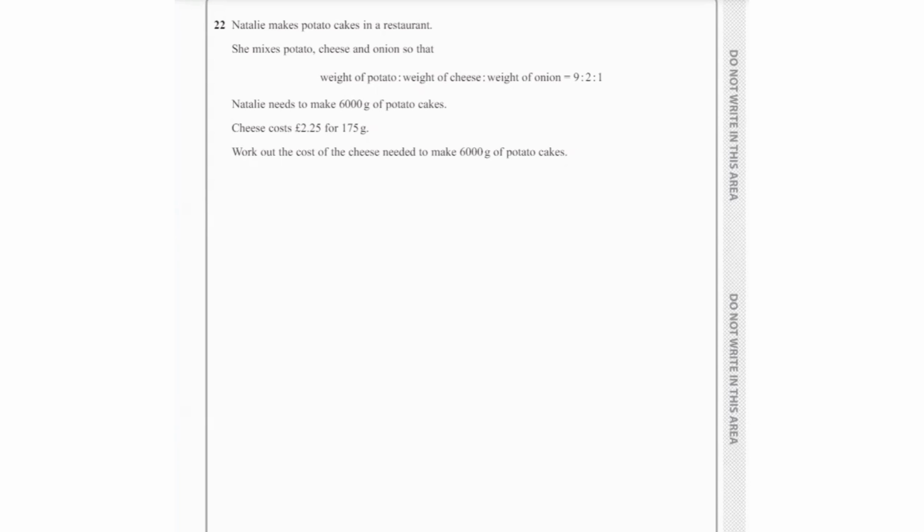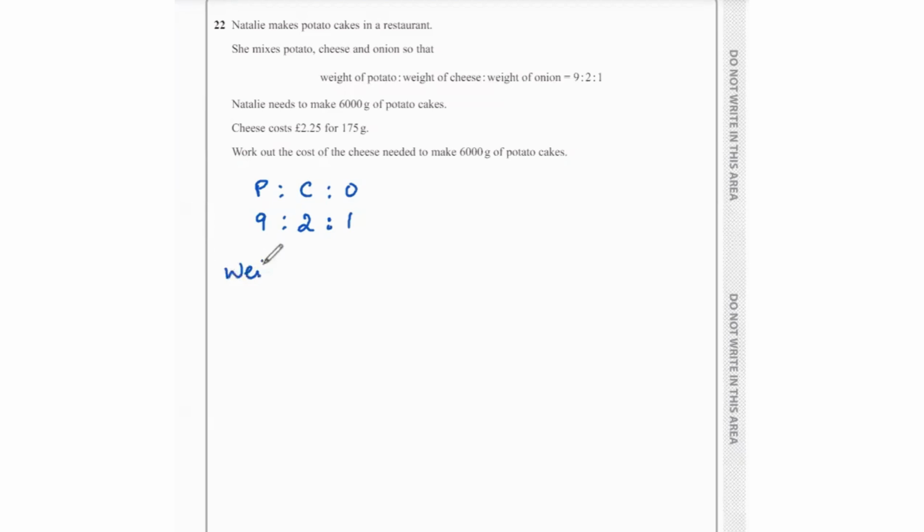So the ratio that we have, for the weight of potato, cheese, and onion, is 9:2:1. Since our focus is on cheese, let's first find how much cheese is being used to make 6,000 grams of potato cakes.